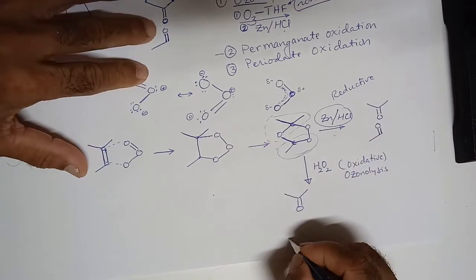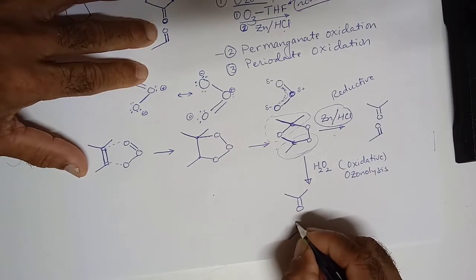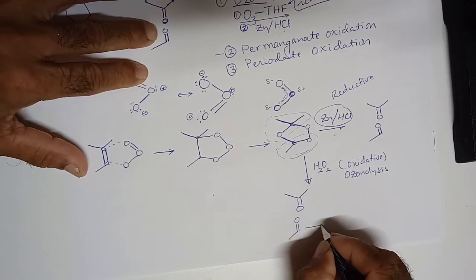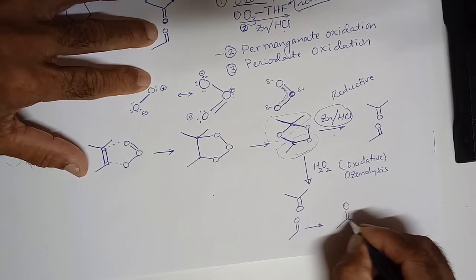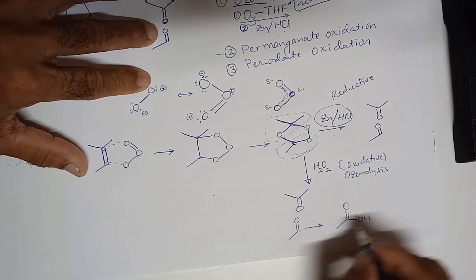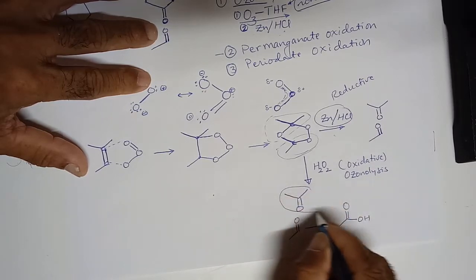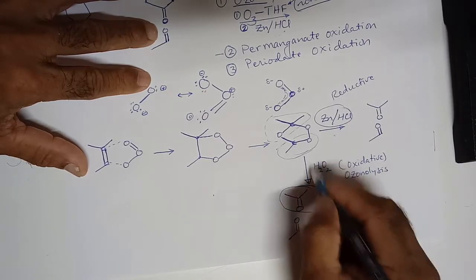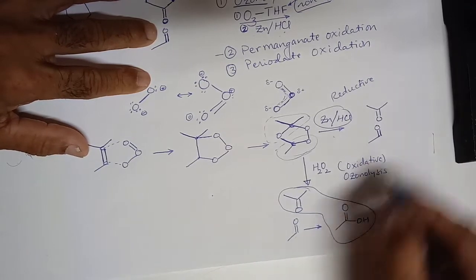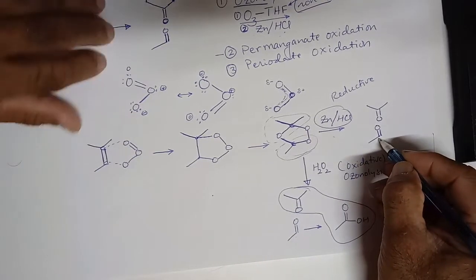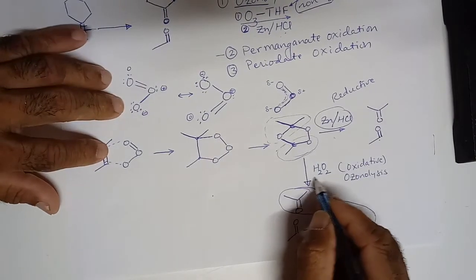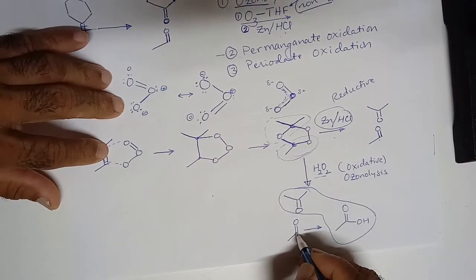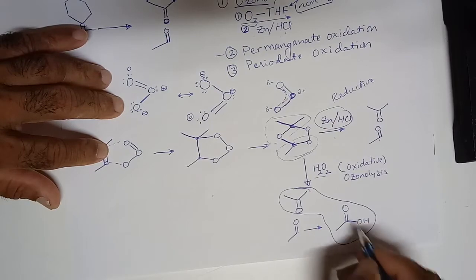The bottom part is an aldehyde which doesn't stay safe in the presence of hydrogen peroxide. It gets oxidized to carboxylic acid. Okay, so that means this is the product if we use hydrogen peroxide. This is formed, that's part of the route, but under oxidizing conditions, that aldehyde gets oxidized to carboxylic acid.